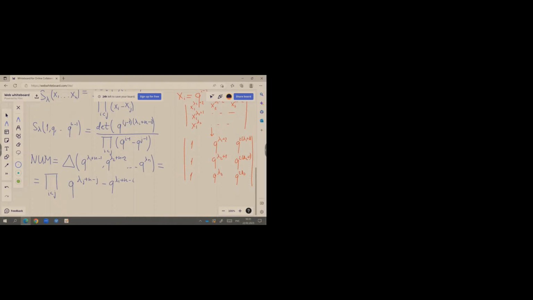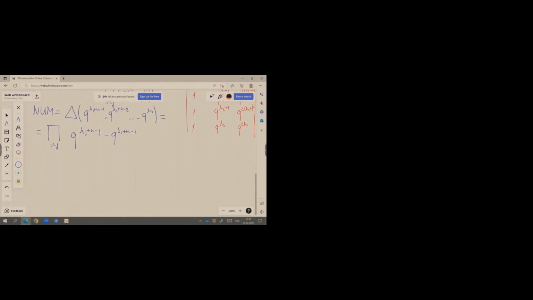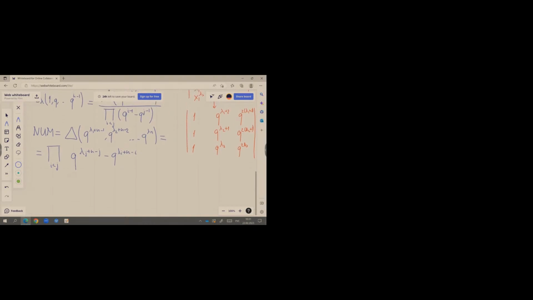And this has some common power of q. Before we compute this one, let me just write down the denominator. The denominator is the same thing, but it's even simpler.